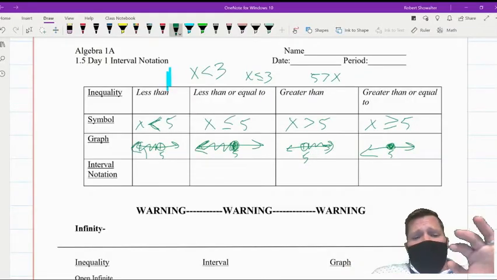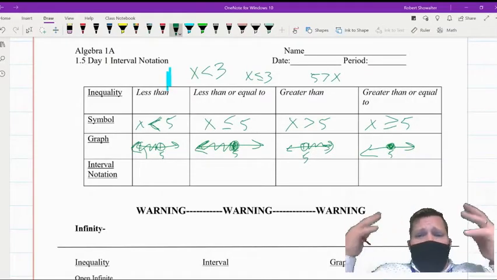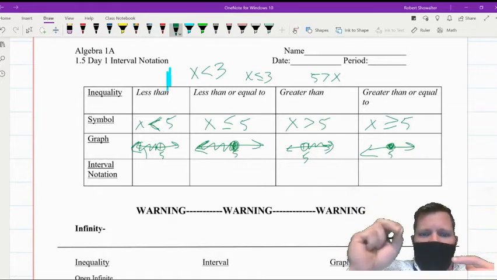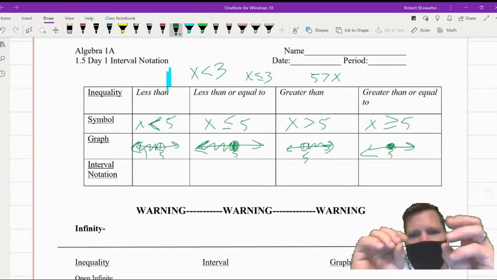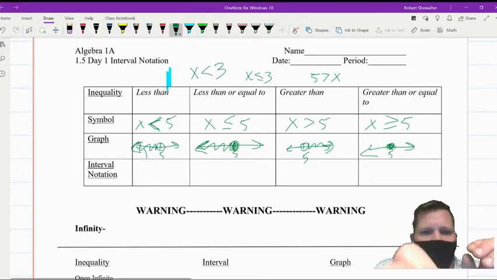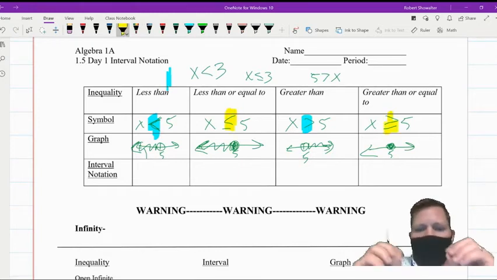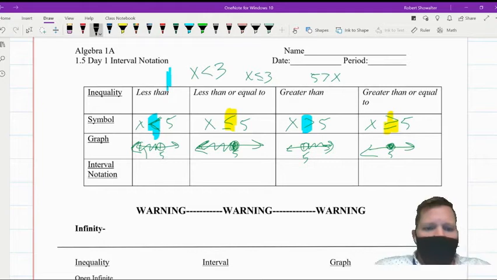The inequalities up at the top, we've got the graphs that represent those inequalities, and we have something called interval notation. A thing to note is that there are special symbols related to the type of sign. In particular, if we don't have the equal to part, we're going to use a parenthesis to represent it.